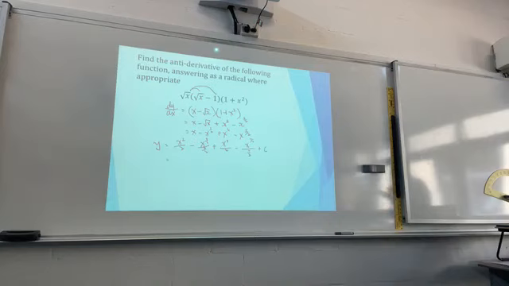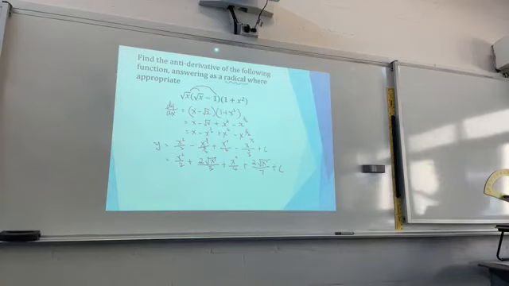So therefore, that will be x squared divided by 2 plus 2 square root of x cubed over 3 plus x to the power of 4 divided by 4 plus 2 square root of x to the power of 7 divided by 7 plus c. So put everything in radicals where appropriate. That's important.